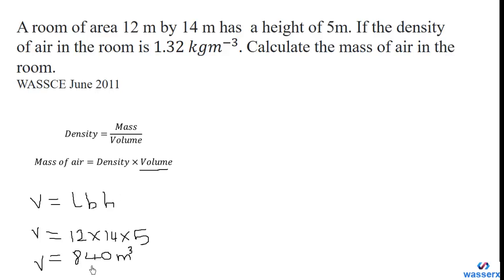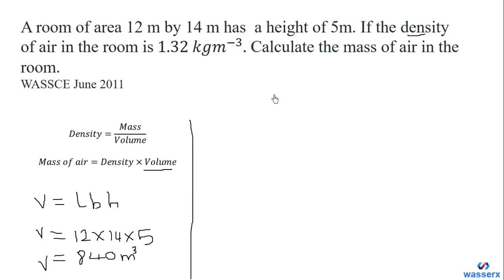Now we know the volume. We know that the density rho is equal to 1.32 kilogram per meter cube.